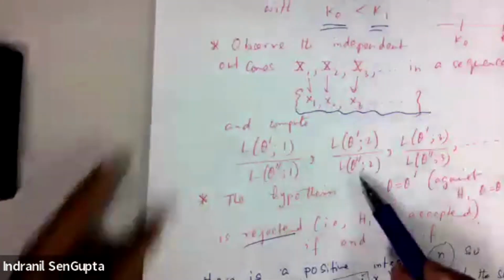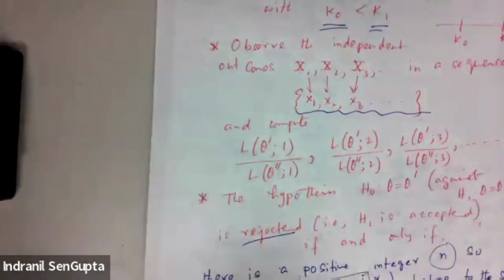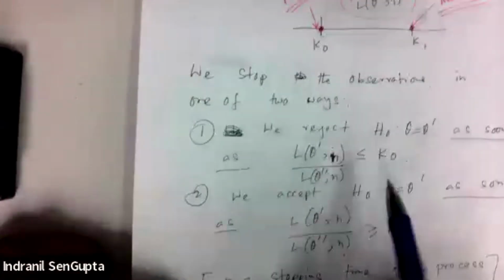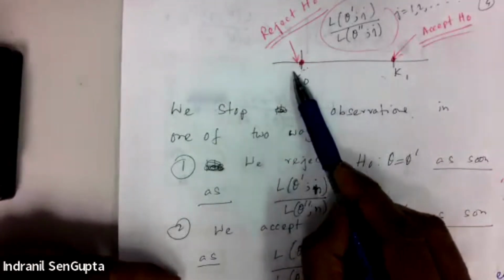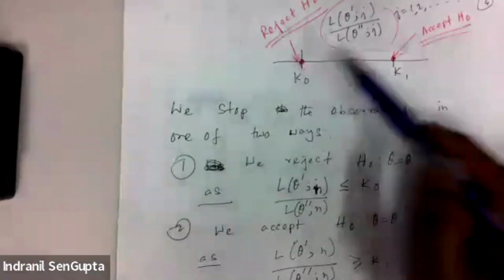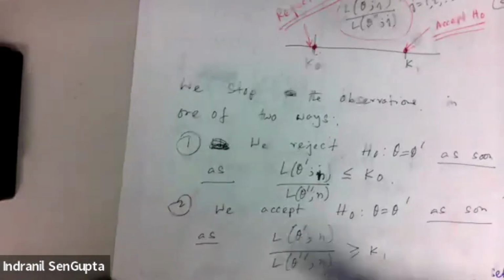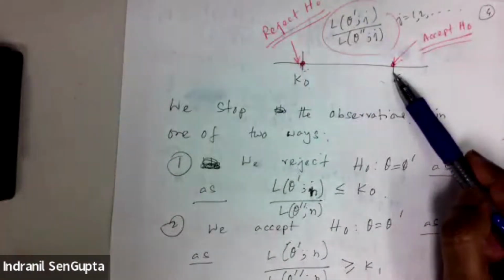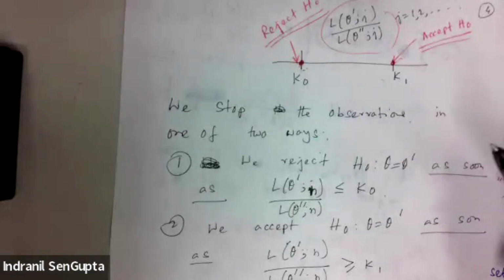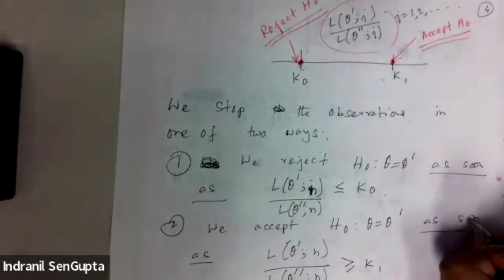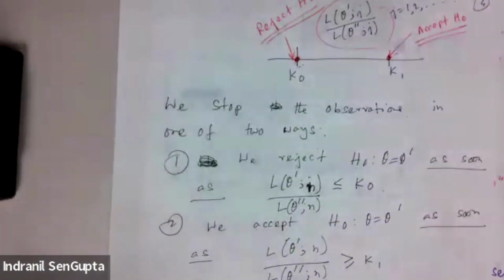Okay. So we constructed all these ratios, and whenever this ratio for certain n goes to k0, we reject the H0. Again, go back to the original test. And if this ratio is k1 or more, we accept the null hypothesis, right?